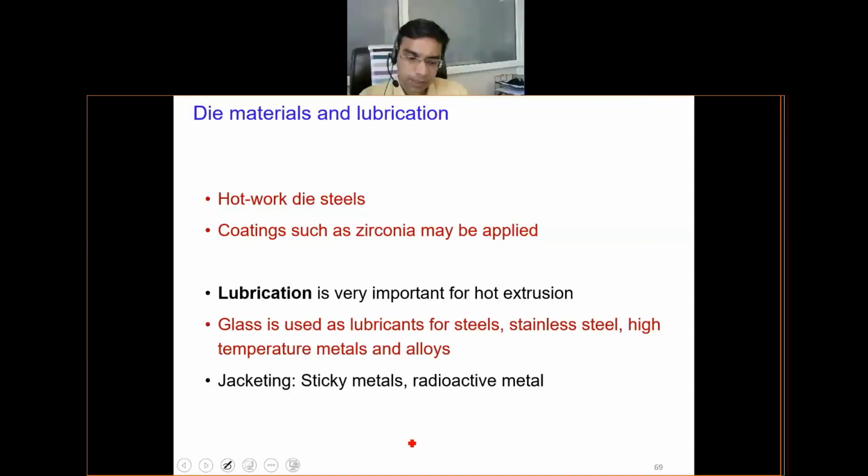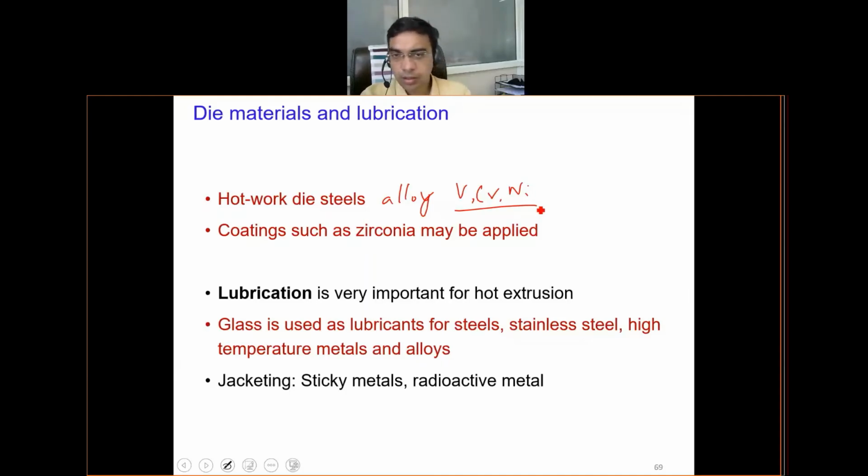Now we look at the different materials and the role of lubrication in the extrusion process. In extrusion, the dies are made up of die steels, which are an alloy of steel with some more elements that provide the property to retain their hardness and toughness at elevated temperature.